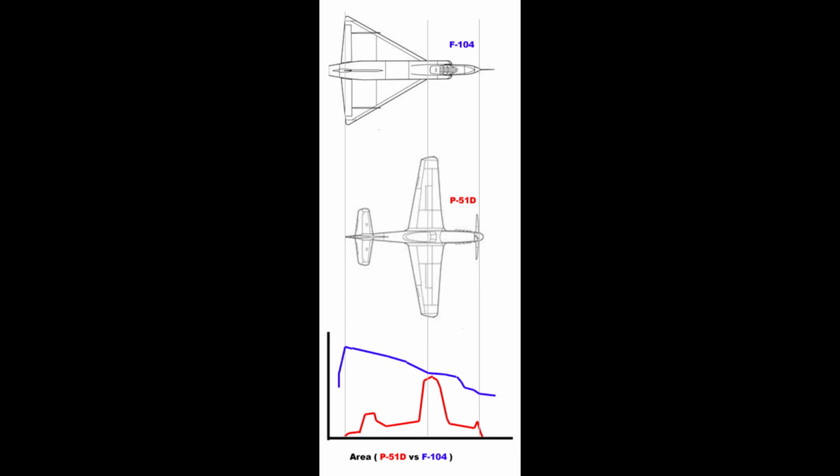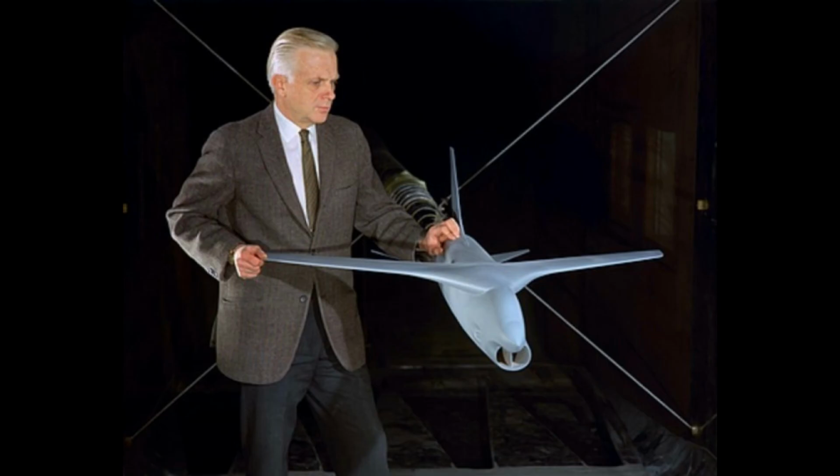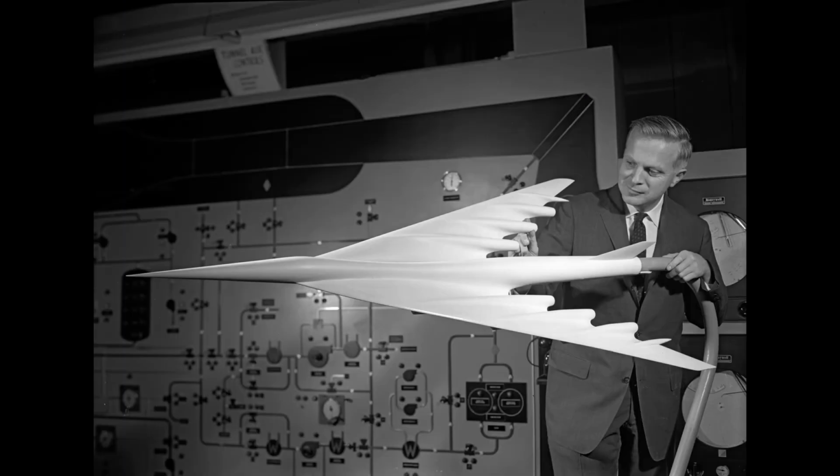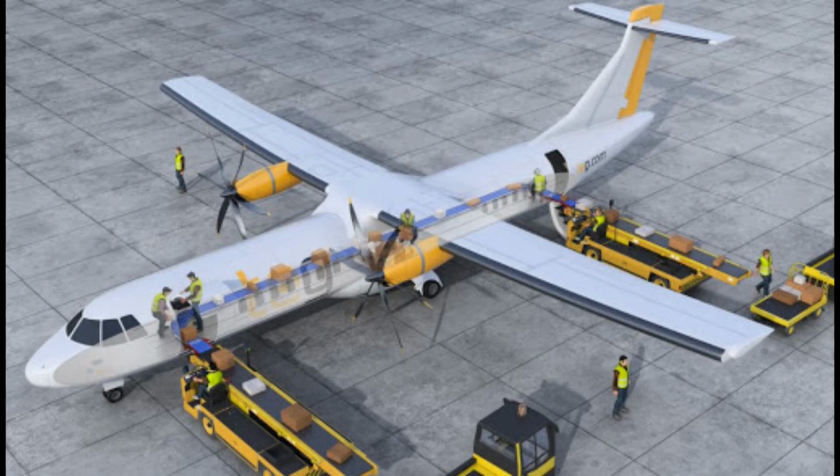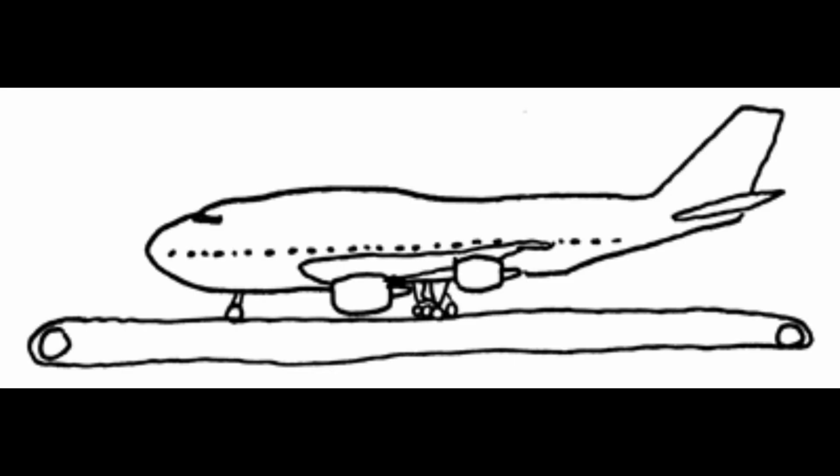Whitcomb's anti-shock body research was so promising that it suggested the economical cruising speed of a standard airliner could be increased from Mach 0.8 to as high as Mach 0.9. Convair soon put these findings into practice during the development of the CV990 airliner.